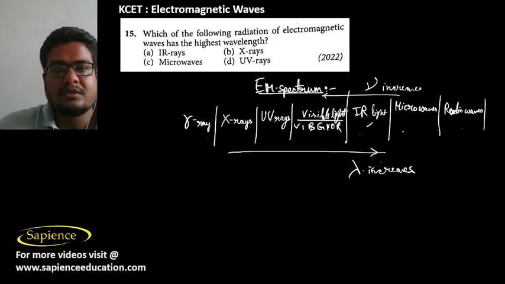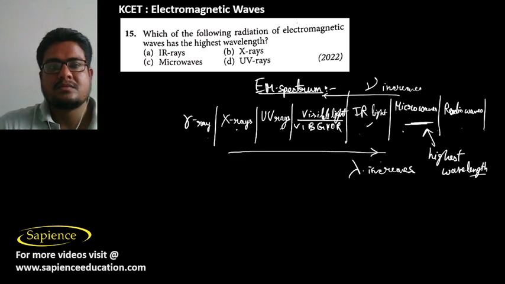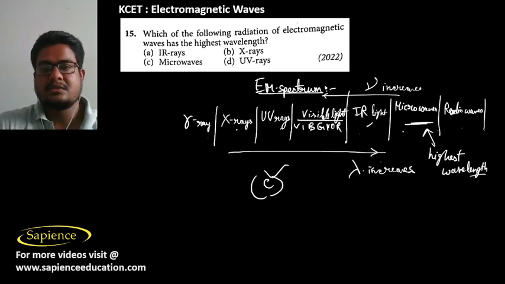Infrared wavelength, and then X-ray is here, ultraviolet is here, microwaves. So microwaves is towards the most right, so microwaves has the highest wavelength among these. So option C is the correct answer.